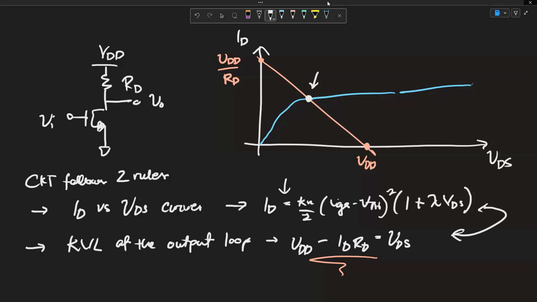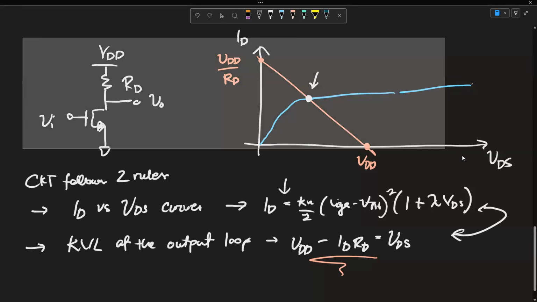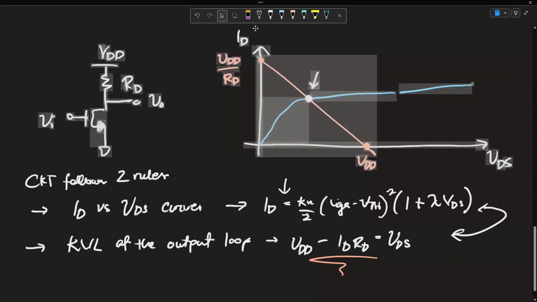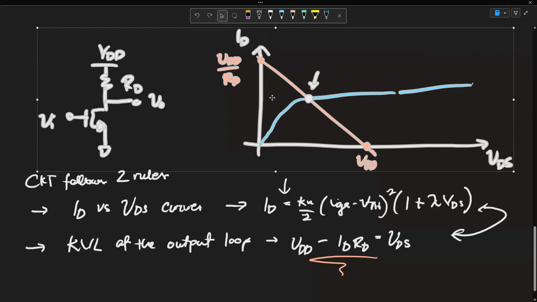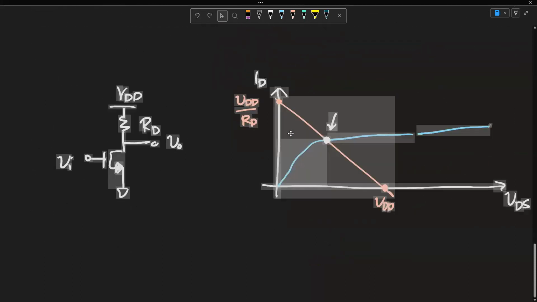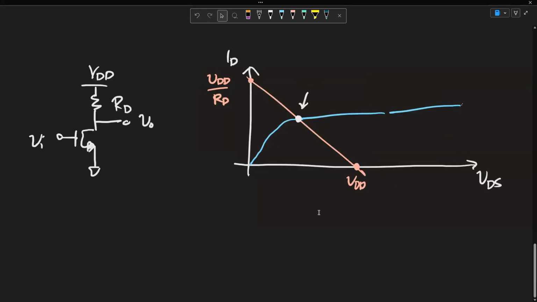So let's talk about certain things that happen in the circuit when we change parameters of the circuit, no? So we know that increasing VGS leads to increasing ID, because ID is Kn (VGS minus VTH) squared, right?